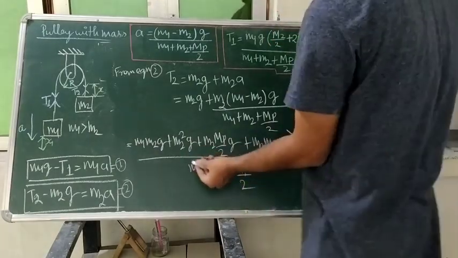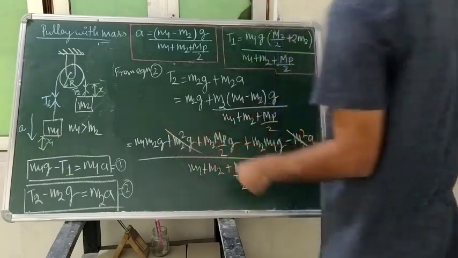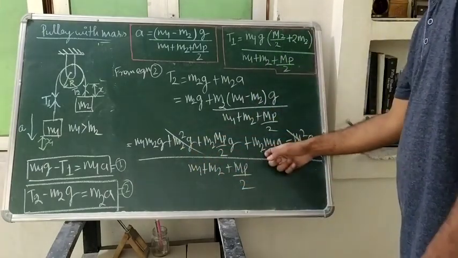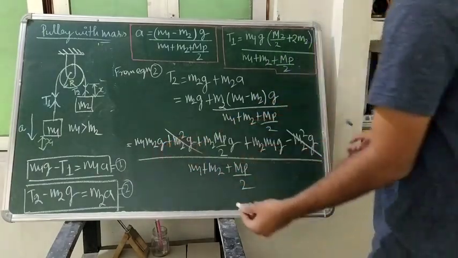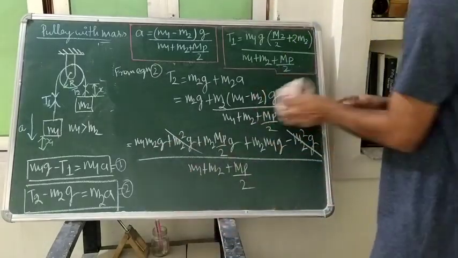This will get cancelled out, student, here. Okay, and m1 m2 g, m1 m2 g will become what? 2 times.